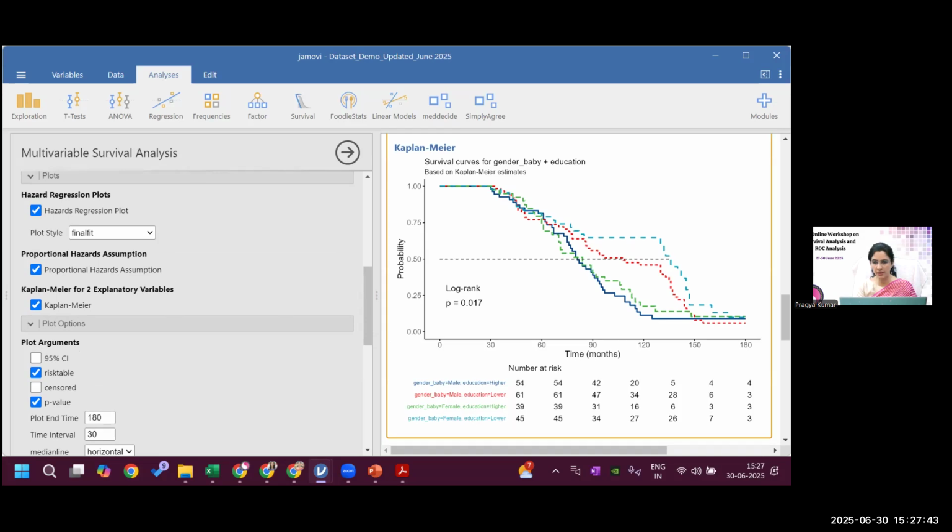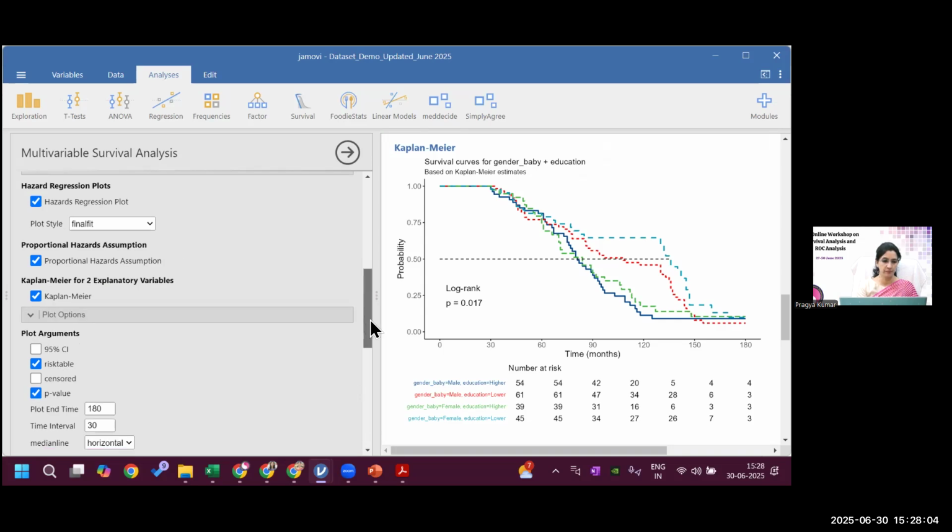This is having a higher survival probability, like female baby having lower education, and the lowest is for this blue one. That means male baby with the higher education has the lowest survival probability. So this is your adjusted. When you want to see the 2 factors together, you can use this for 2 explanatory variables.